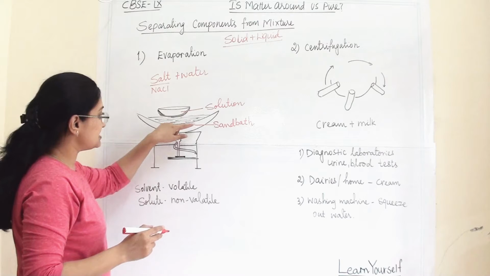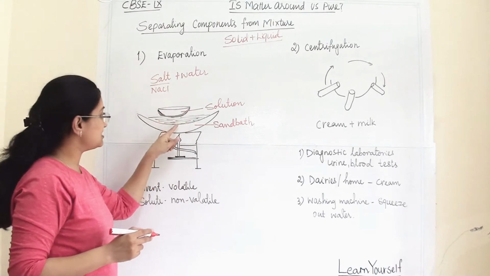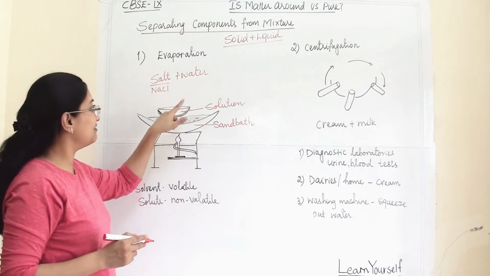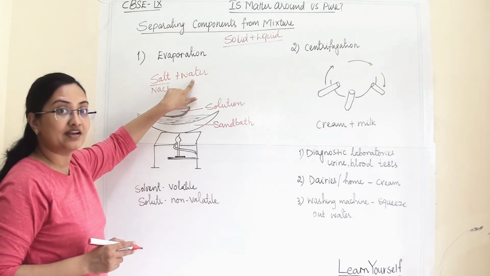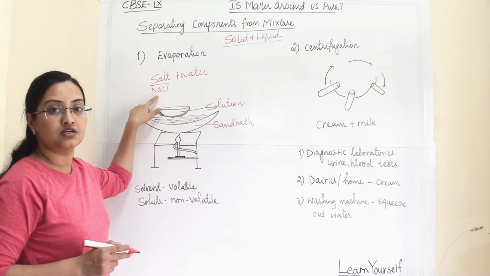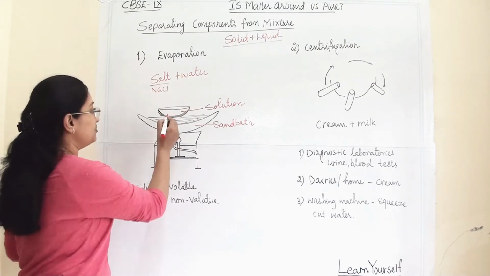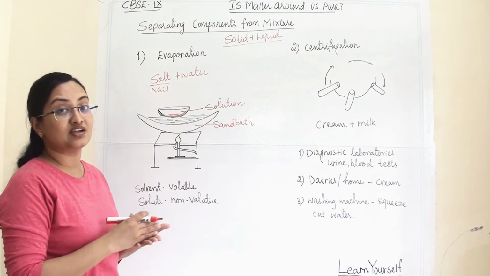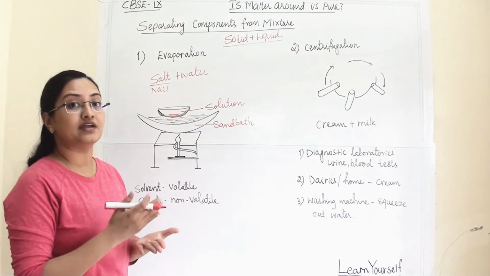Once this sand is hot, it will pass the heat to this petri dish and this solution will evaporate. So water will evaporate and at the last we will get our salt. Salt will be left behind at the end of the heating. So this is how we are separating salt and water.